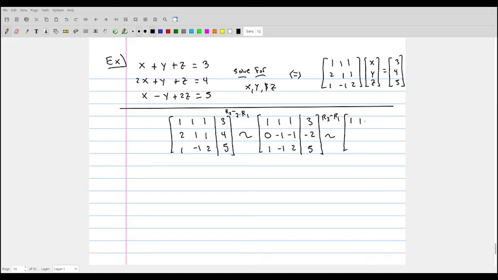Everything else stays the same. 1, 1, 1, 3. 1 minus 1 is going to be 0. Negative 1 minus 1 is going to be negative 2. 2 minus 1 is going to be 1. And 5 minus 3 is going to be 2. Then this row stays the same as well. So it's 0, negative 1, negative 1, negative 2.